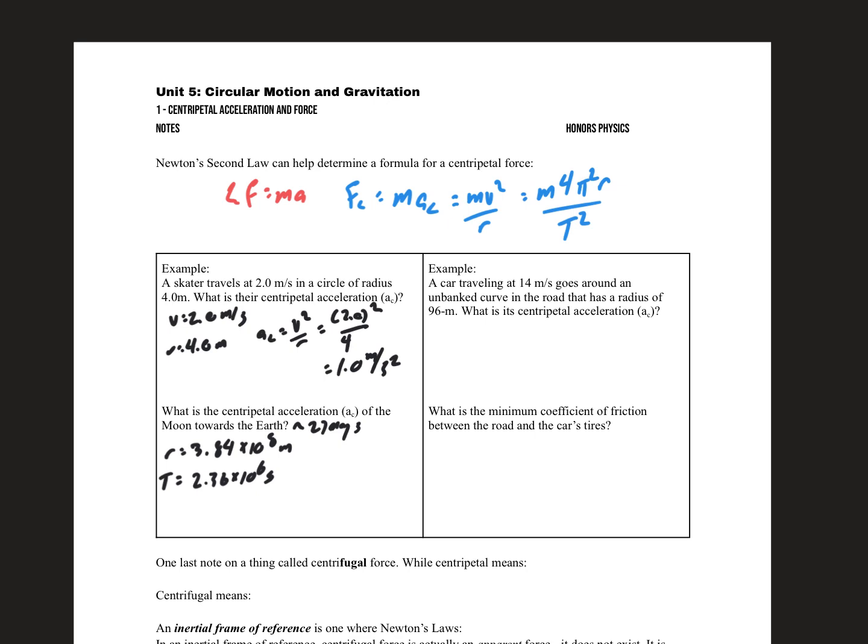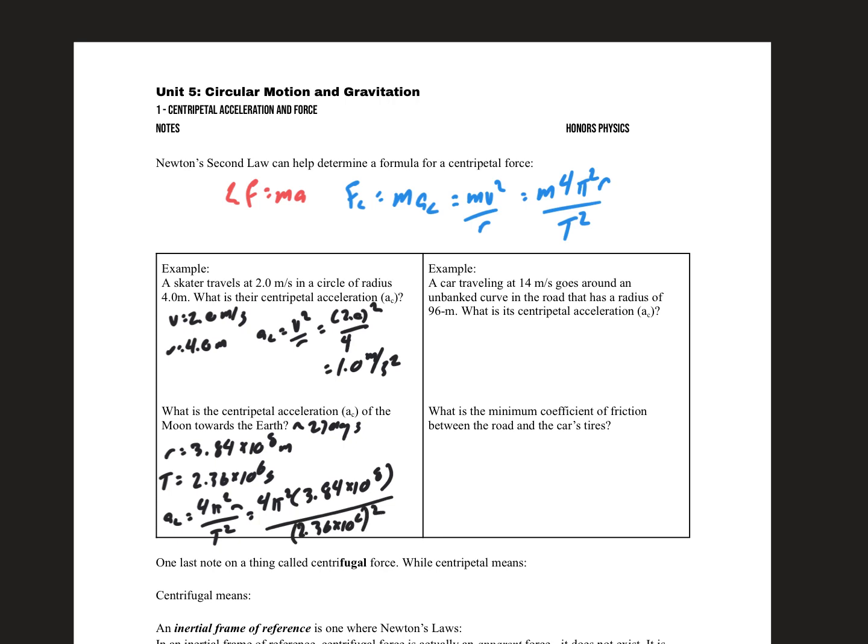So using this formula for acceleration, 4 pi squared r over big T squared, that gives us the acceleration of the moon towards the Earth, directed towards the center of its radial path, with 2.36 times 10 to the 6th squared.